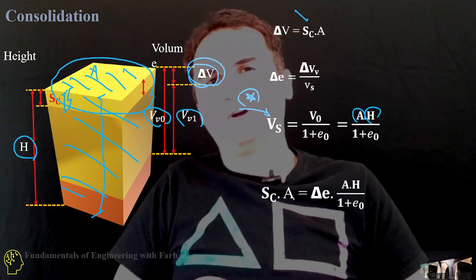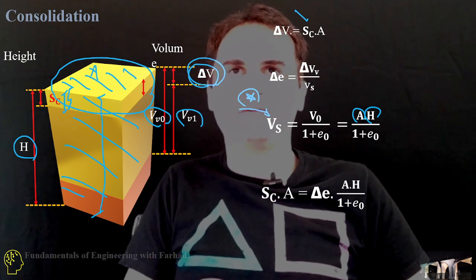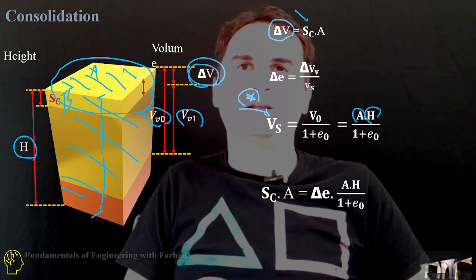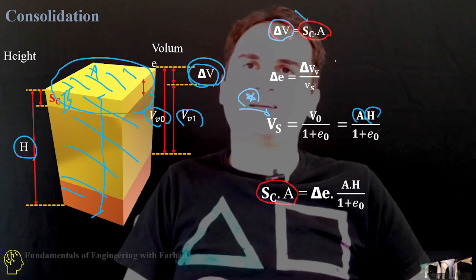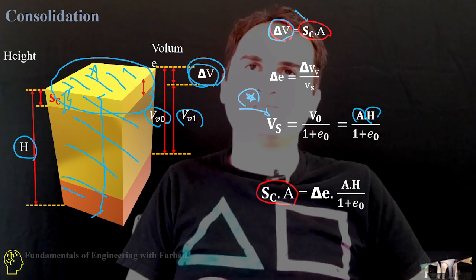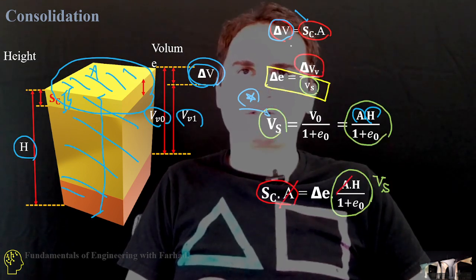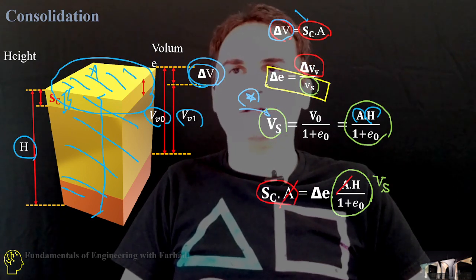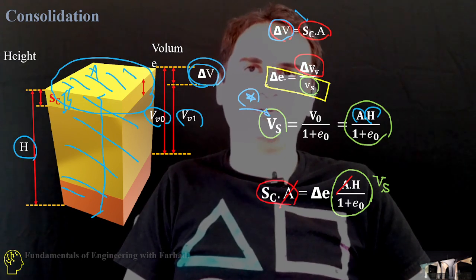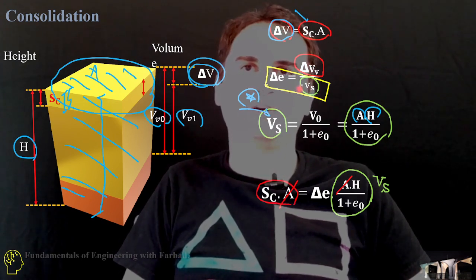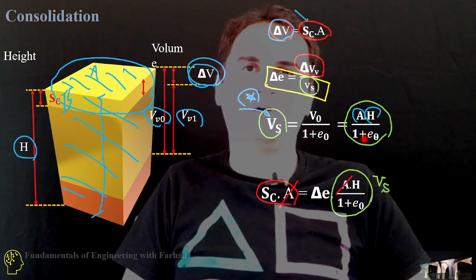And at the same time, SC times area is equal to delta V. If we replace delta V by this part, we agreed that delta V is the change of void ratio, and that's equal to delta e times Vs, and Vs is equal to AH over 1 plus e naught.